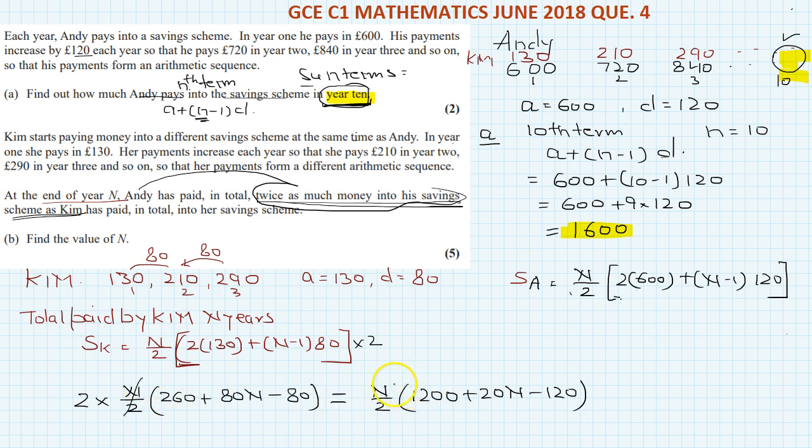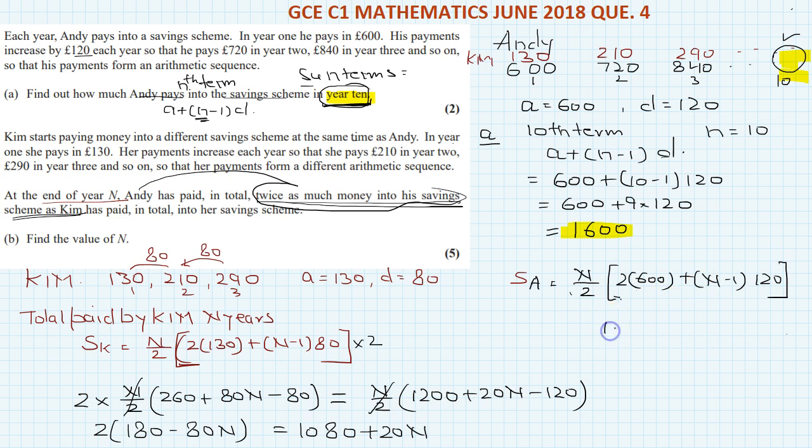n is the same, cancel. So our equation is 260 minus 80 is 180, minus 80n is equal to 1200 minus 120 is 1080 plus 20n.